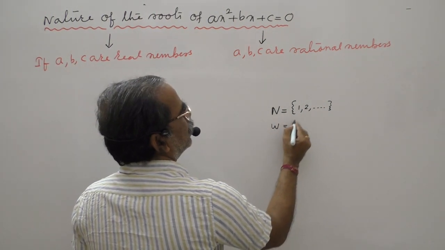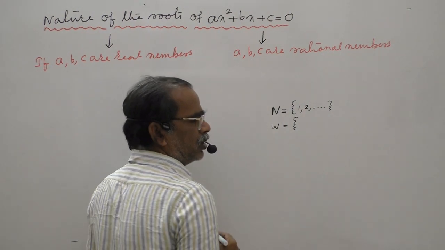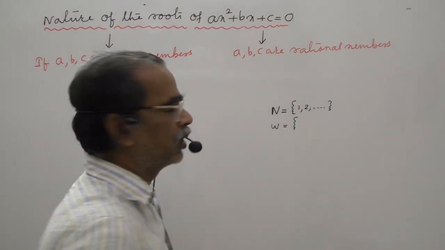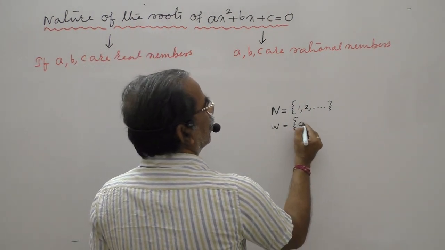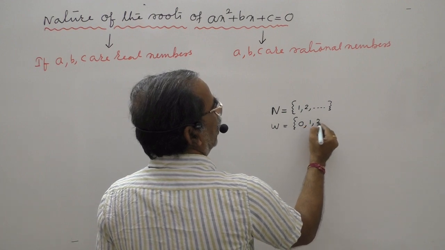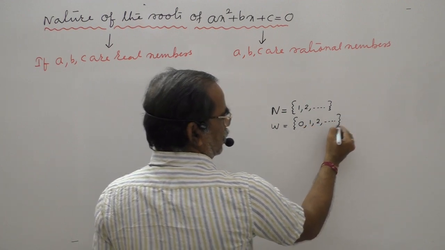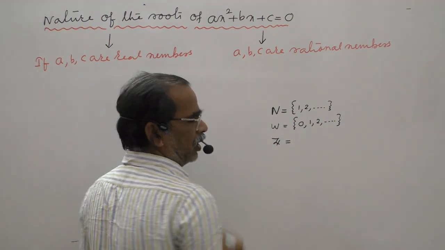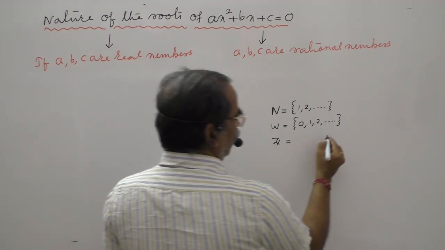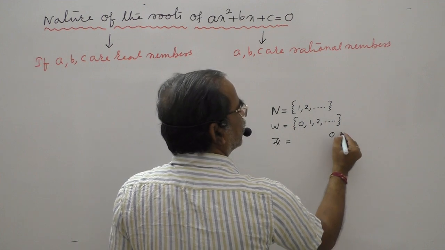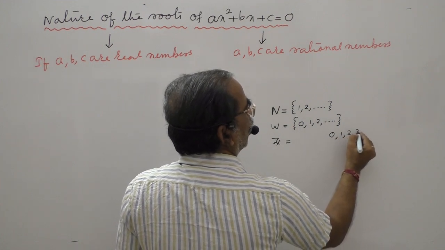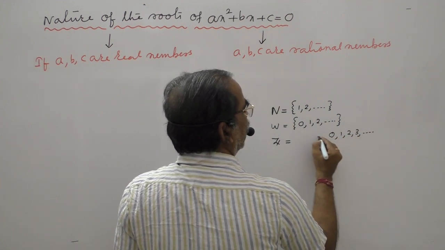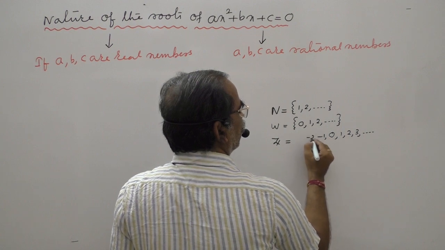After inventing 0, one more system was introduced, whole numbers, which include 0 also, 0 and all natural numbers. Next, when negative numbers were invented, then one more system has come, integers, all whole numbers and also negative numbers.